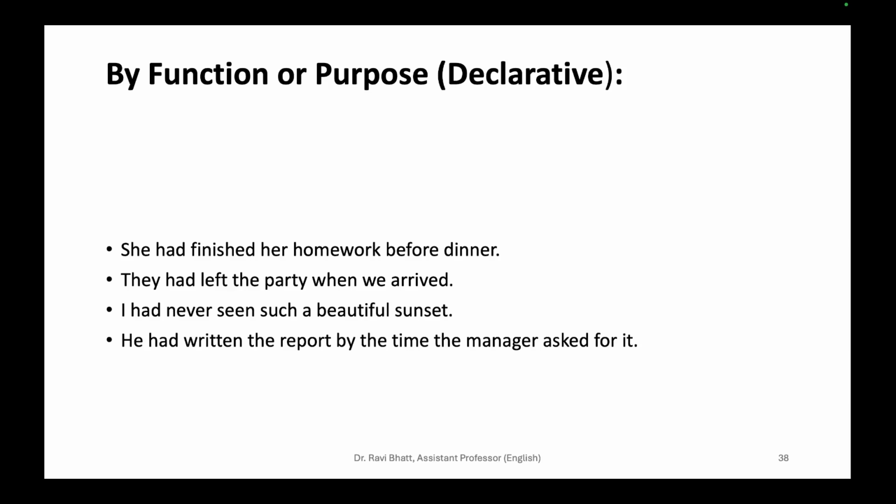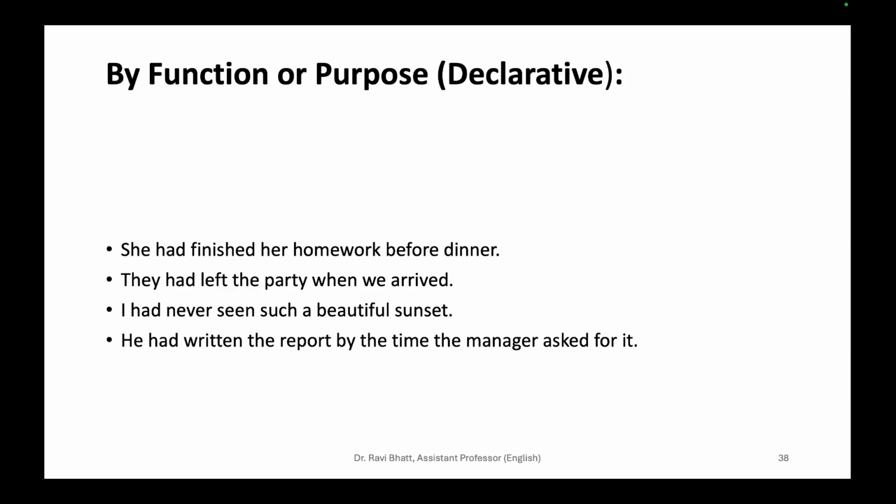So they had left the party when we arrived. Again, in this particular statement, two actions had happened. Action one was someone's leaving, past of the past, someone's departure. Action two, someone's arrival. So for past of the past, past perfect, that is had. And for the next action we use simple past. They had left the party when we arrived.